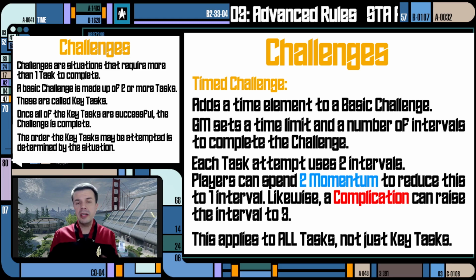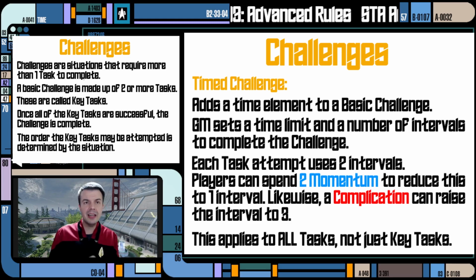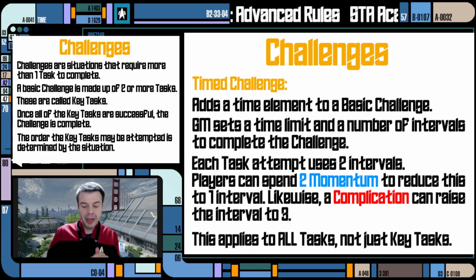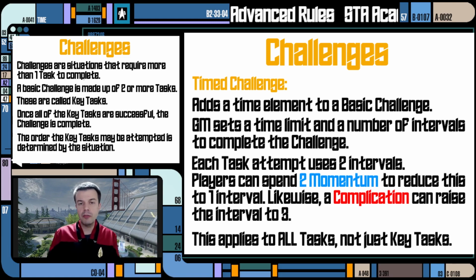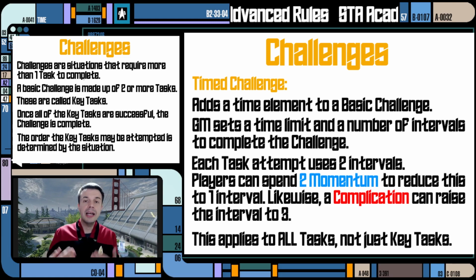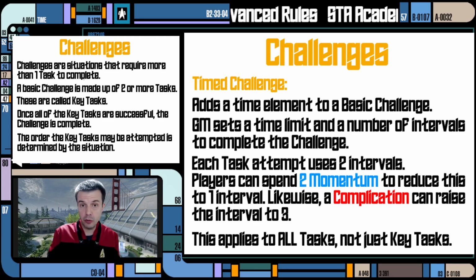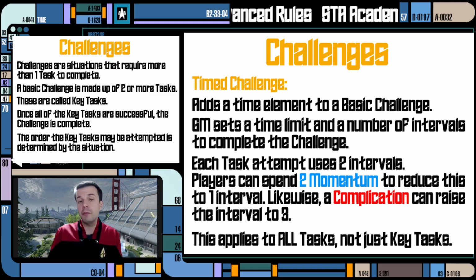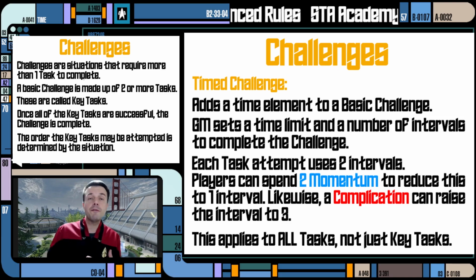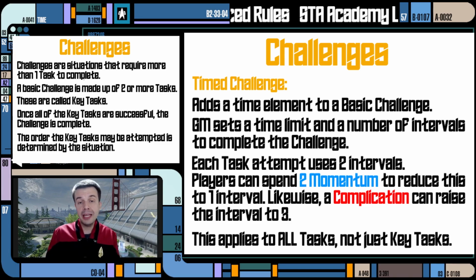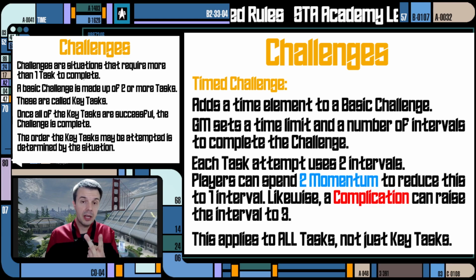How this works is slightly complex. The important point is every key task that you do, especially in this challenge, uses 2 intervals. Whatever the time is that you set, in our example, we said each interval is 1 minute. So the first task that is attempted for this challenge will eat up 2 minutes, 2 intervals.